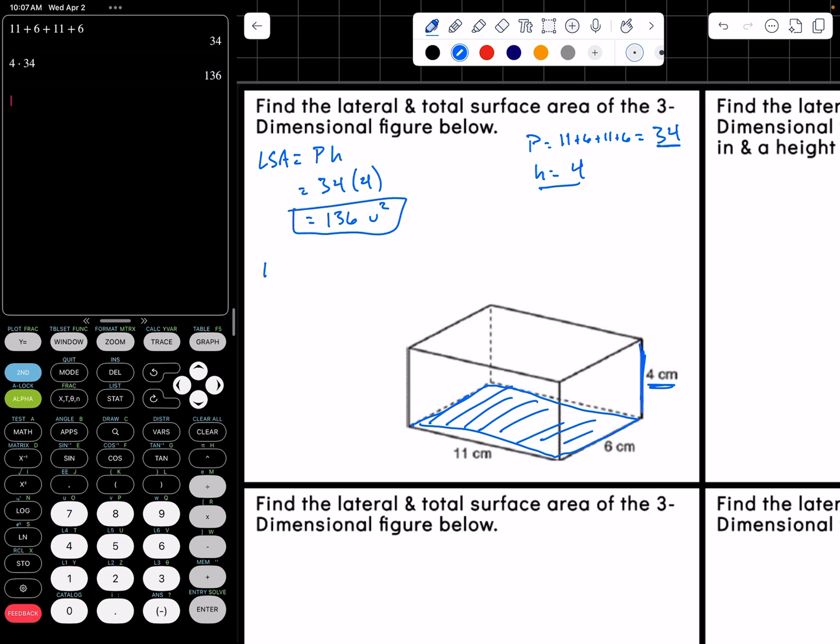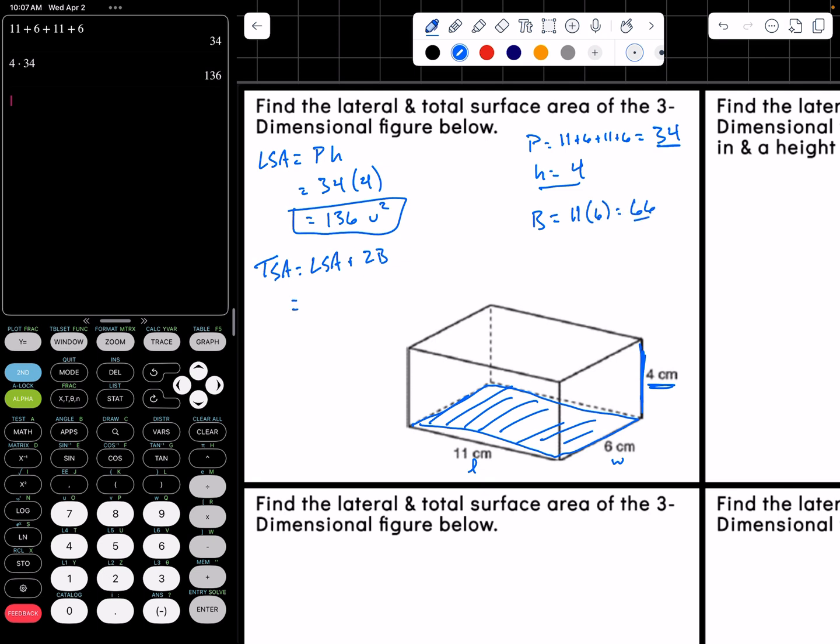My total surface area is going to be my lateral surface area plus 2 times the area of my base. The area of my base is going to be my length times my width. So 11 times 6, which equals 66.